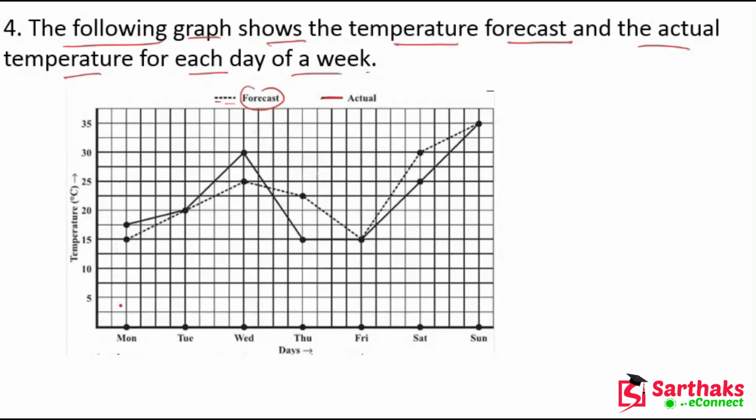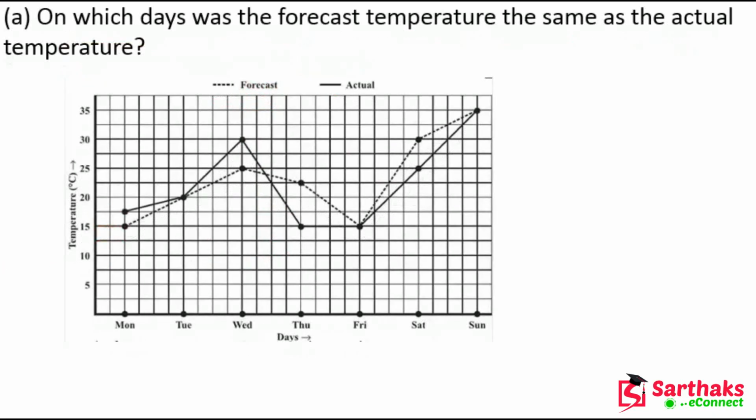On Monday the forecast temperature is 15 degrees centigrade, and the actual temperature is in the middle of 15 and 20, so 17.5 degrees centigrade. Similarly we can compare the actual temperature and forecast temperature with the help of this graph. Now there are some problems.